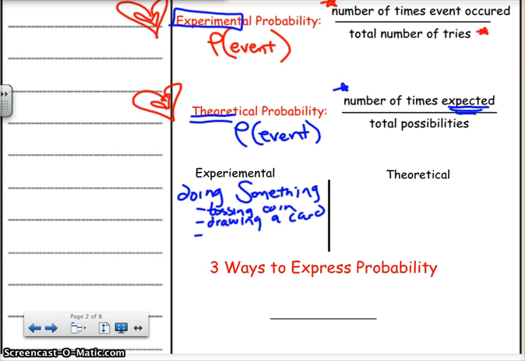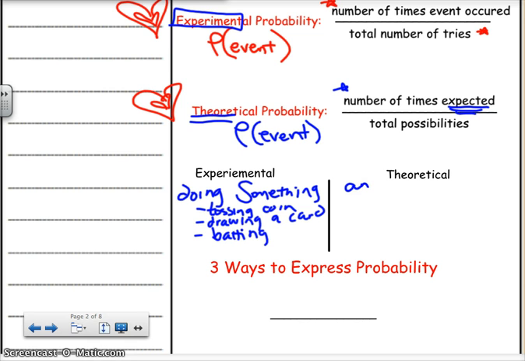Another experimental would be batting average. Batting average is a probability, but it's just stated as a decimal. It's number of hits over times at bat. It's an experimental probability situation.